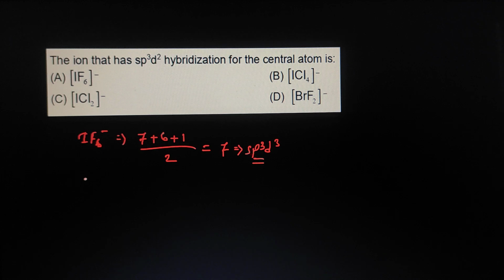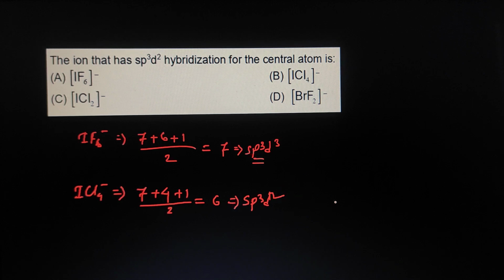Okay, for ICl4 minus, the valence electron of iodine is 7 plus 4 plus 1, divided by 2, that means 6. So the hybridization is sp3d2, and this is the correct answer.